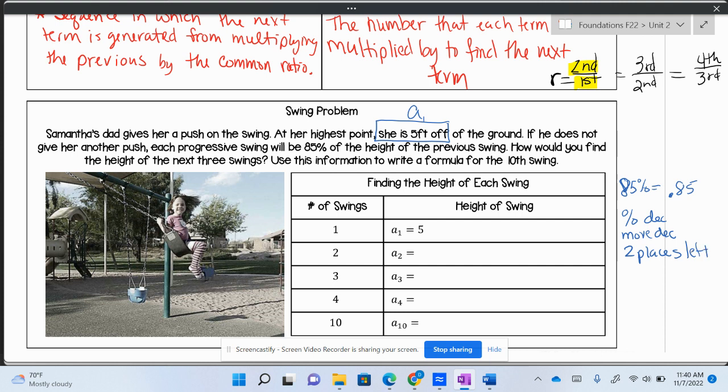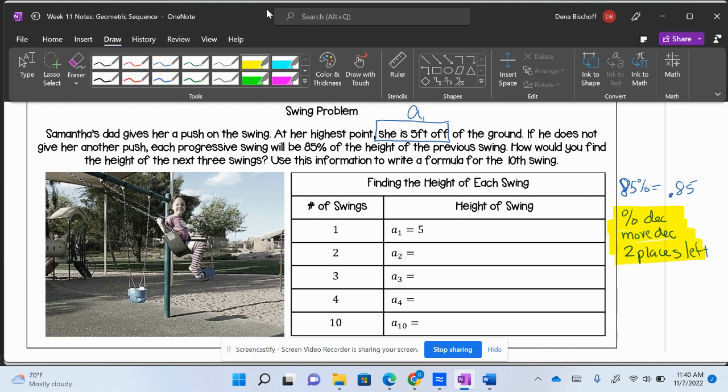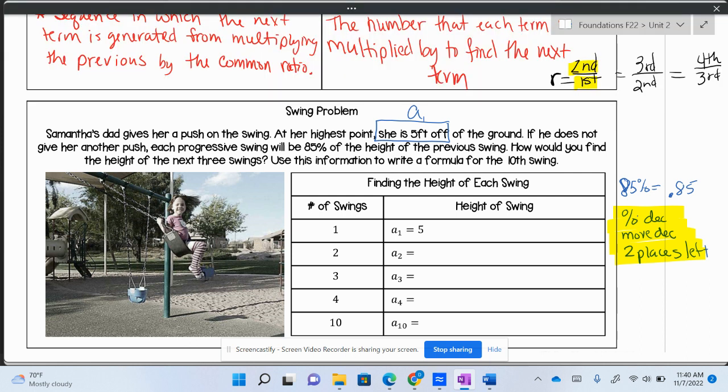So you might want to highlight that or write something important if you don't know how to do that. To go from a percent to a decimal, you move the decimal place 2 places to the left. Okay? So my common ratio is going to be 0.85.